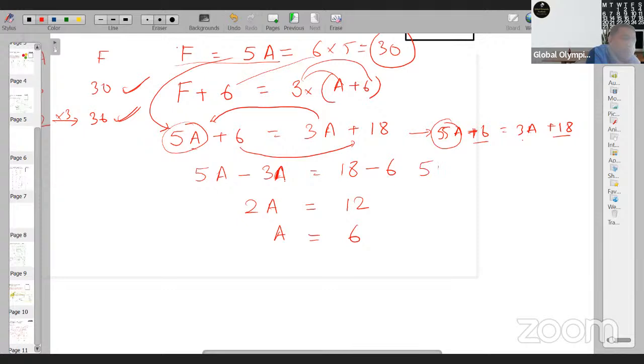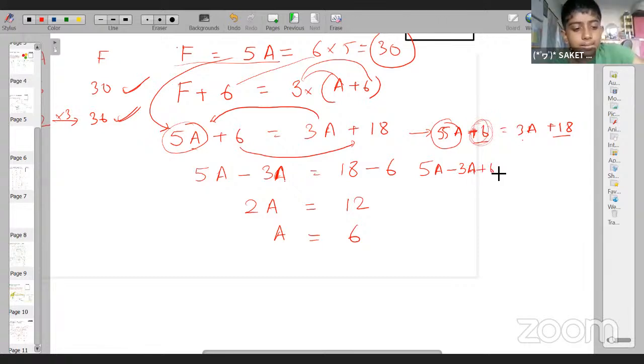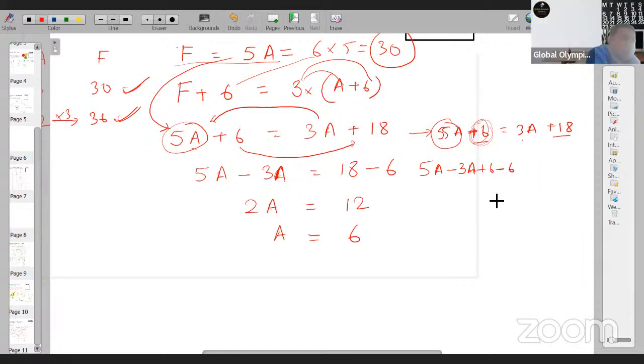So you subtract the smaller variable term on both sides, minus 5A minus 3A, and you do a minus 6 on both sides, so you have 3A minus 3A plus 18 minus 6.